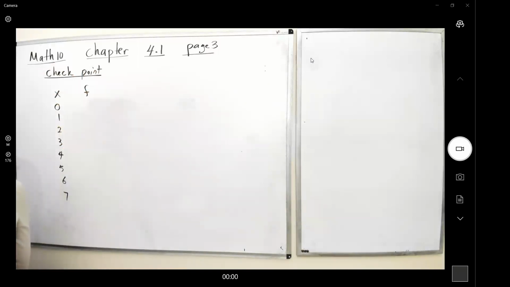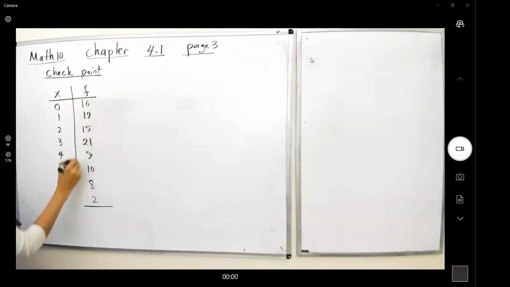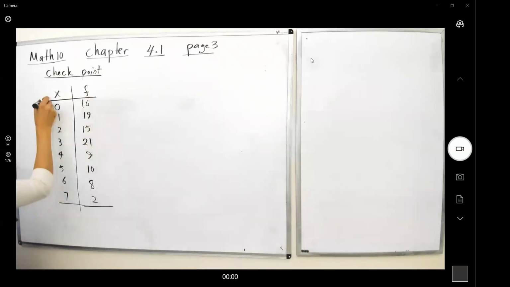The frequency is 16, 19, 15 days, 21 days, 9 days, 10 days, 8 days, and 2 days. So this is your frequency, and here you have your X values. As you can see, your X is countable, so X is discrete.